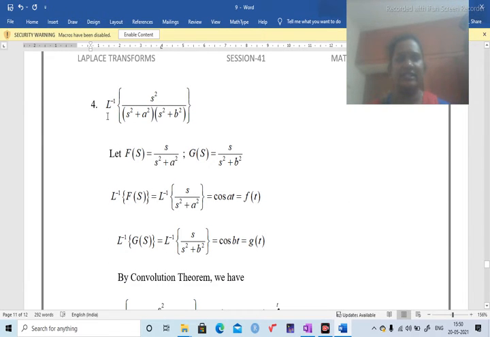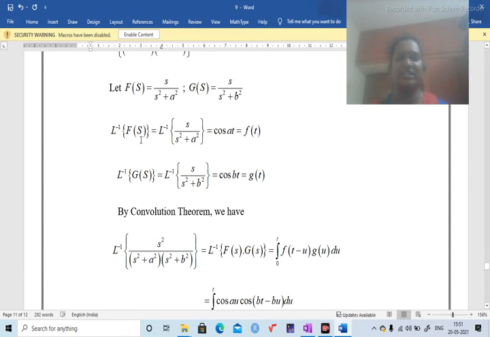Next one, L inverse of s square by (s square plus a square) into (s square plus b square). Take f of s as s by s square plus a square, g of s as s by s square plus b square. The multiplication of these two is the given function only. Find out L inverse of f of s, L inverse of g of s.